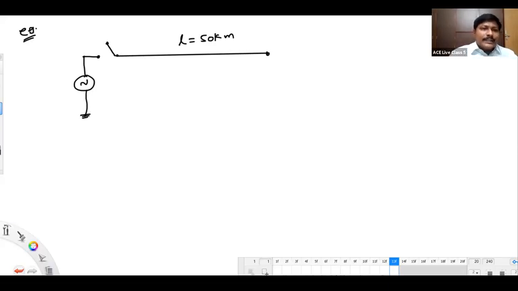I will be closing this switch at time t equals 0 plus. Means what analysis we are going to carry on this one? Transient. We are going to carry the transient analysis on this transmission line, because we want to carry out a switching transient study.